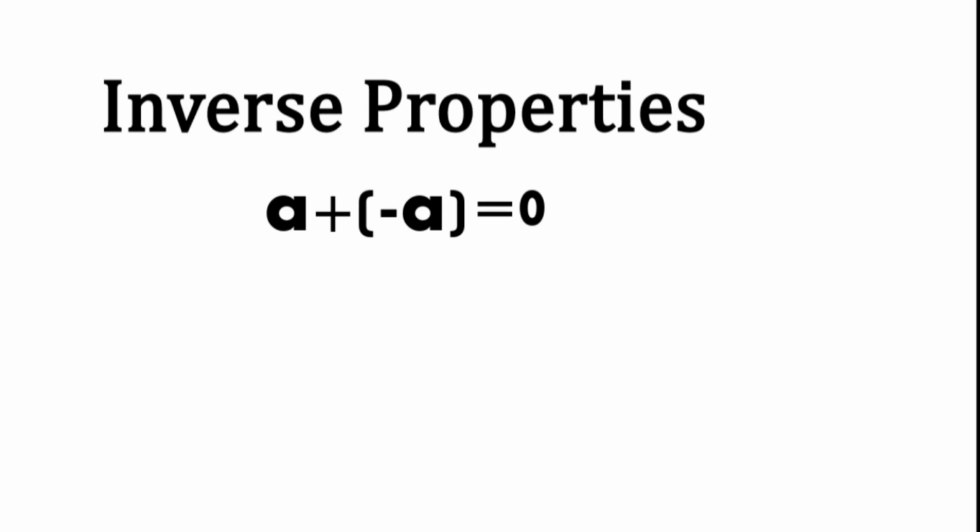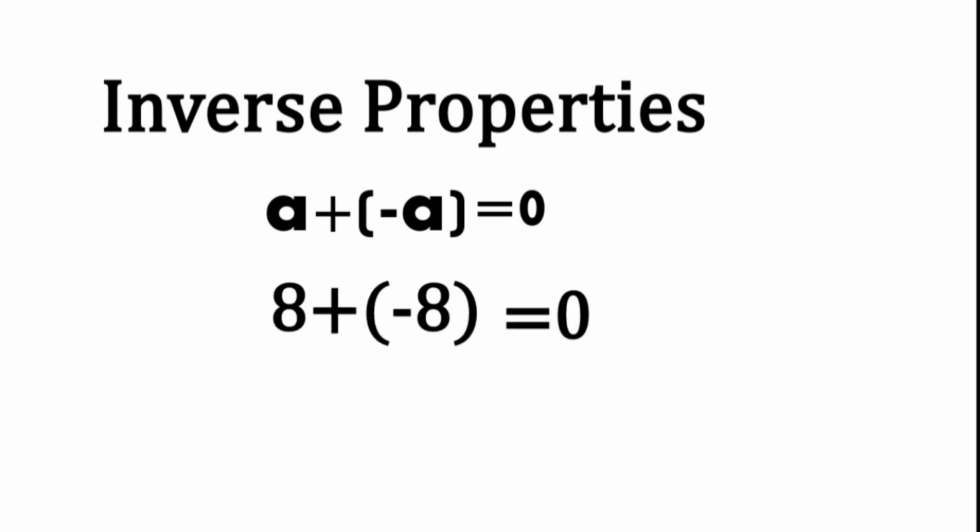So the inverse for positive a is negative a. If you add them, the result is 0. Or this one, 8 plus negative 8, this is equal to 0. Or negative 8 plus positive 8 is equal to 0. That's the addition for inverse properties.